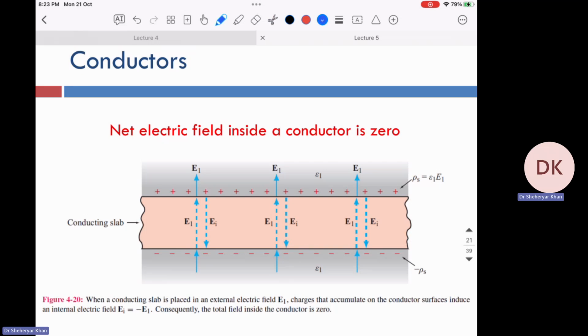Now we learned that the polarization or the dipole also has a field, the P field polarization, right? When you apply an external electric field, remember, this is the cage, and this is your external field. So the field goes like this.